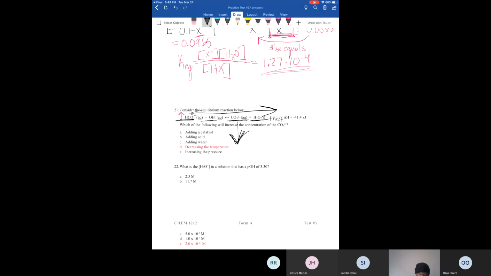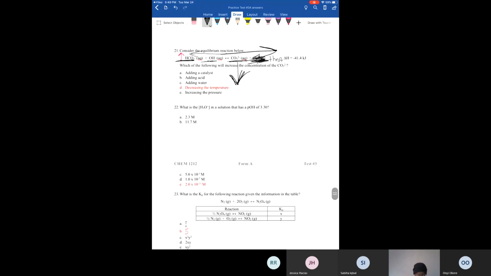So increasing pressure is going to affect gas. So this is gas, so be cognizant of that. Changing pressure only affects gases. It's not going to affect them. Yeah. That helps. I hope it does.